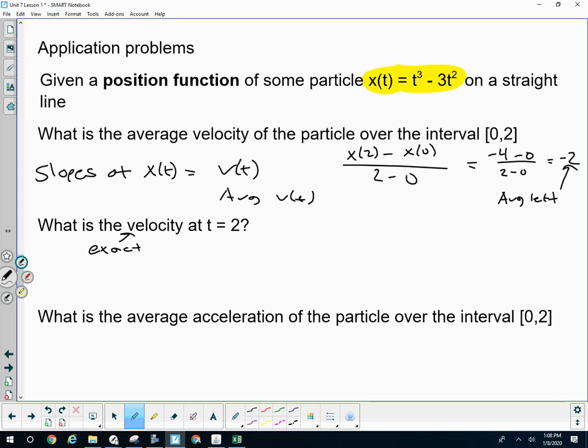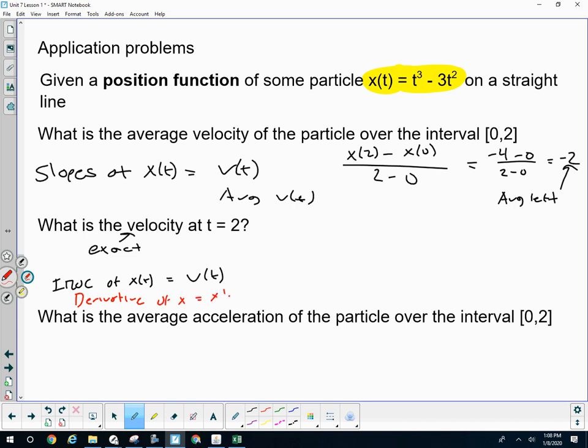Okay, so average rate of change of position gives us an average velocity. Whenever we're asked to find an exact velocity, well, we know that the instantaneous rate of change of position will give us the instant velocity, or the slope of the tangent, or the derivative of position.